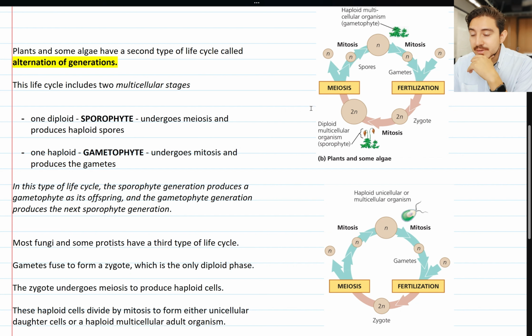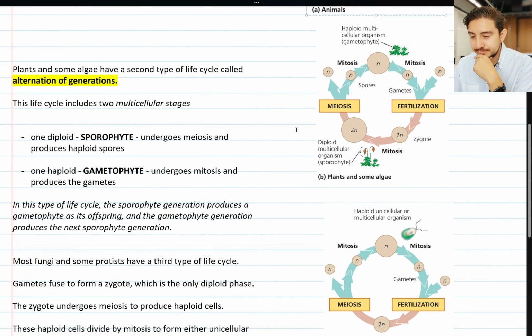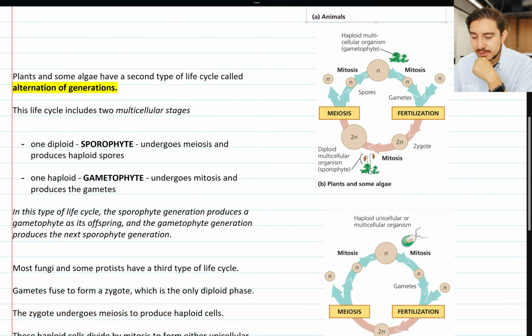Let's take a look. The first one, where you have one diploid organism, the sporophyte. That sporophyte will undergo meiosis and produce haploid spores. So here, let's say you have this particular structure. I'll start here at the bottom. This is a diploid plant, referred to as a sporophyte.